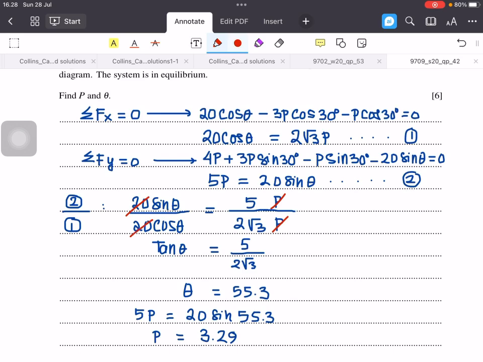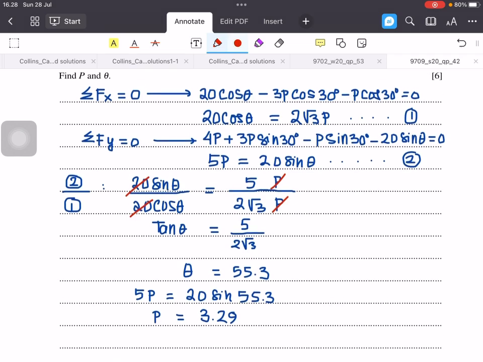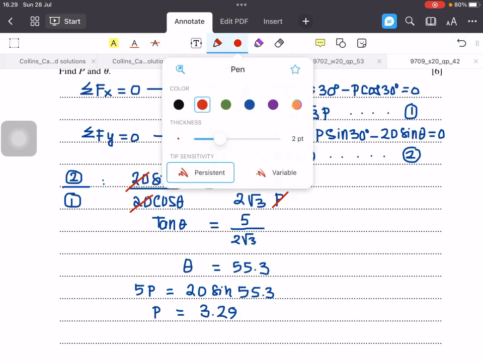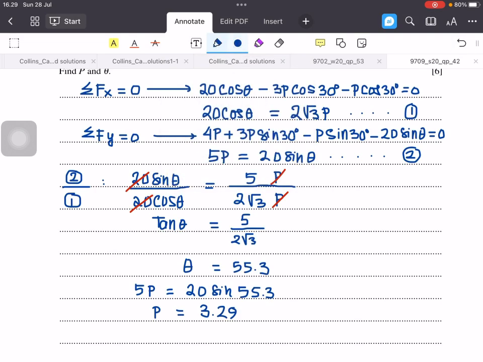So on the left side we have tan theta, and on the right side we have 5 divided by 2 square root of 3. So theta will be tan inverse of 5 over 2 square root of 3, which is 55.3 degrees.